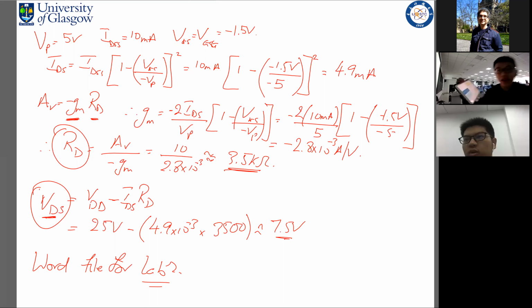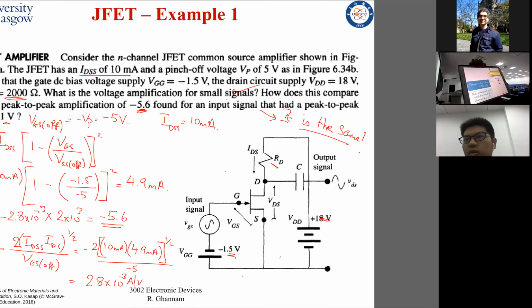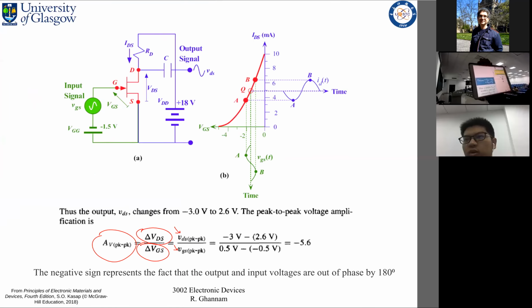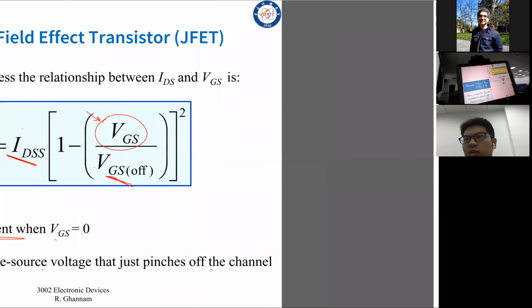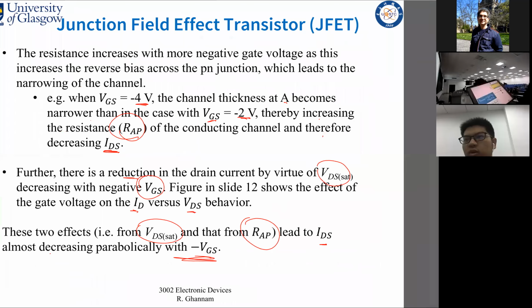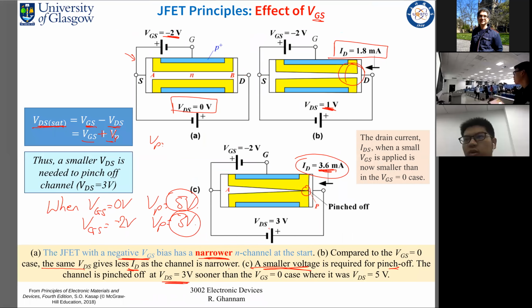Hi, Professor. Some students asked me whether you can see this equation. Someone thinks that this equation might be wrong. I think this is not VDS, but it should be VGD, right? This equation on page 13. This one here?